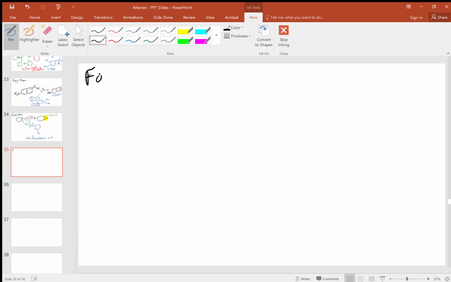Another reaction that we can do with alkenes is the formation of syn diols. So a syn diol would be a diol, so two alcohols. They're going to be on adjacent carbons, and they're going to be pointing in the same direction.